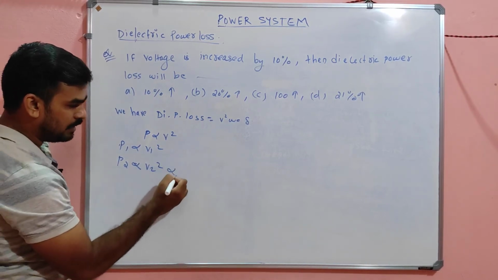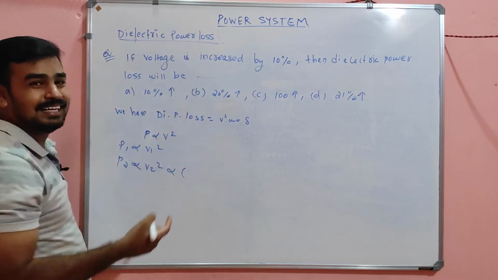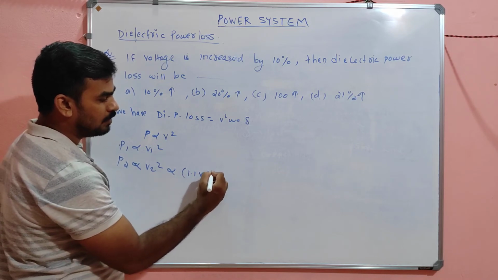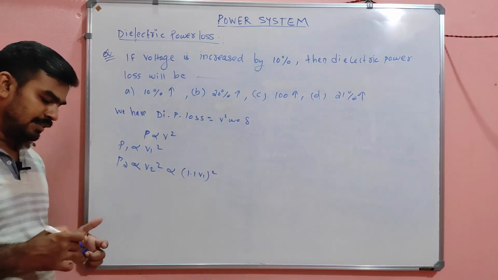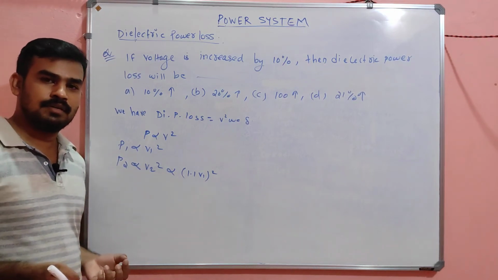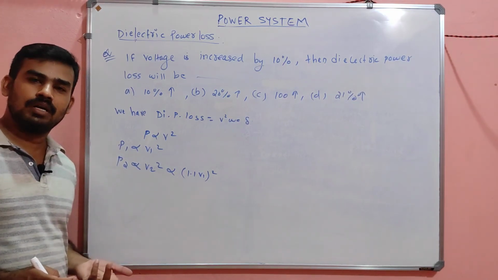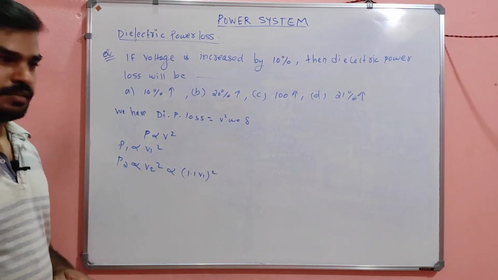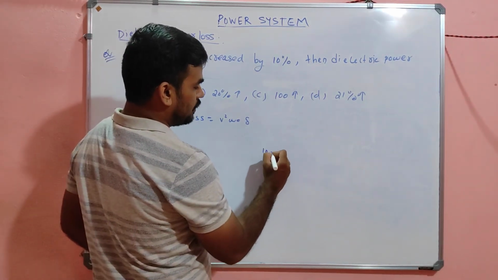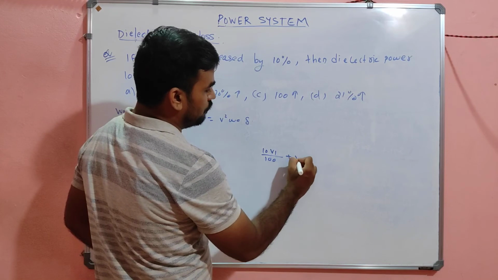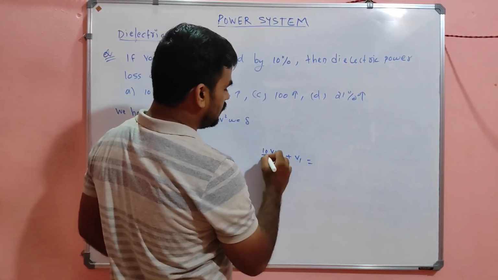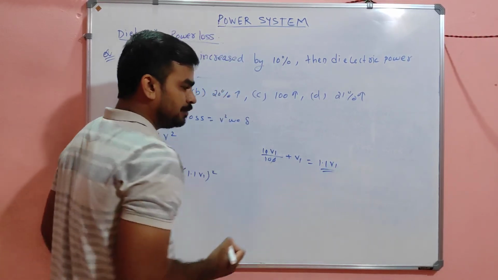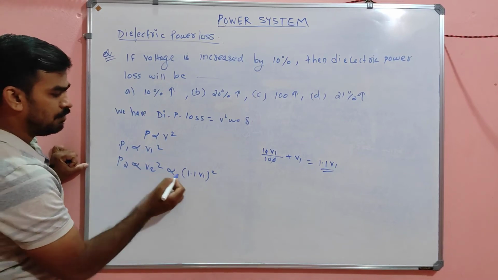V2 is 10% increased, which means 10 V1 by 100 plus V1, nothing but 1.1 V1, correct? So P2 is proportional to 1.1 V1 whole square.